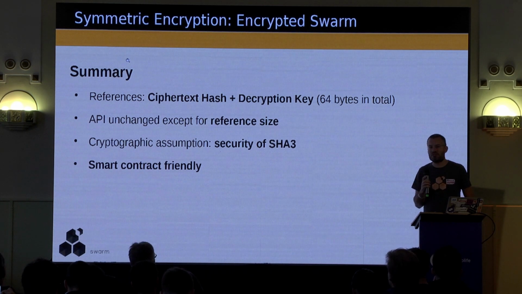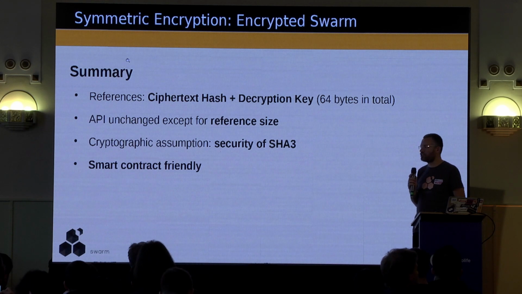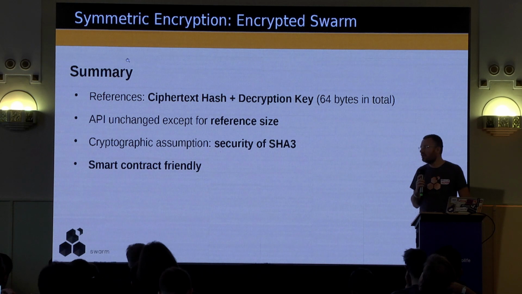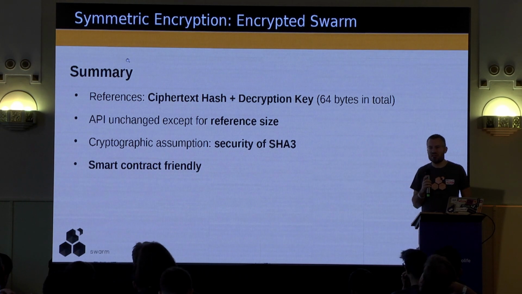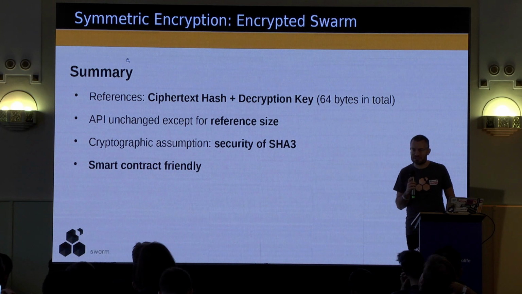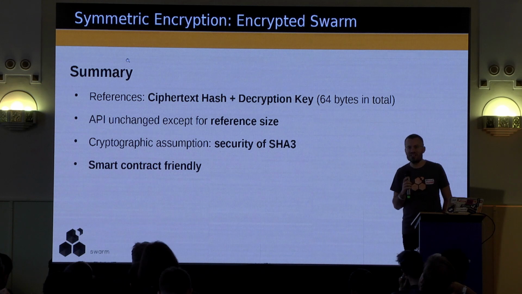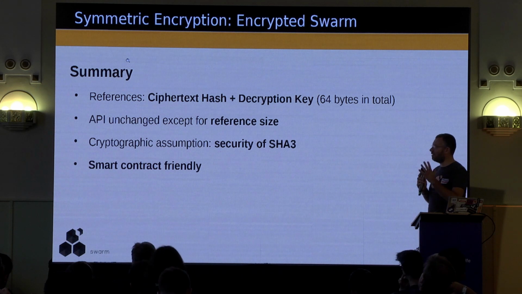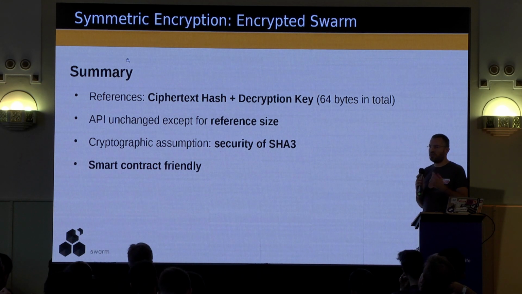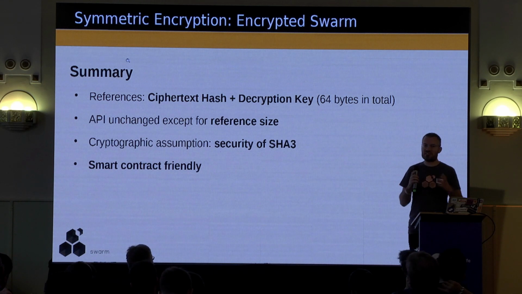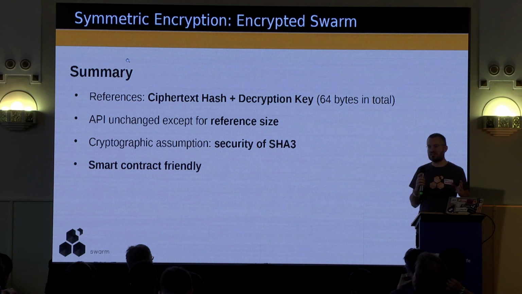And the only cryptographic assumption that we have here is the assumption of SHA-3 being a collision-resistant hash function. If this security assumption fails, we're having much bigger problems than Swarm not working. So that would kind of ruin Ethereum as such. And the important thing is that by using counter mode SHA-3, we have not extended the attack surface.